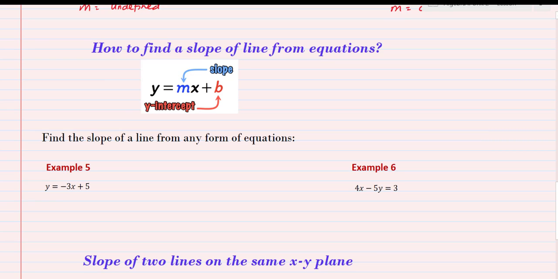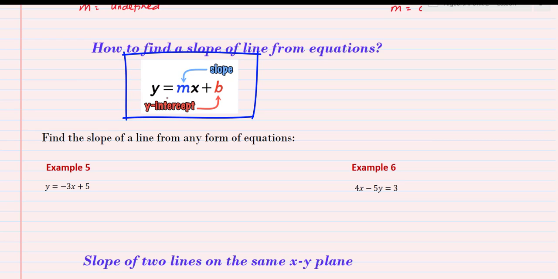Now, before we do that, we have to keep in mind we have y equals mx plus b form. We have to change all equations into this form so that it will be much easier to find the slope. So the slope is given to us as m. So if we rearrange all equations into slope-intercept form, we should be able to find the slope easier.